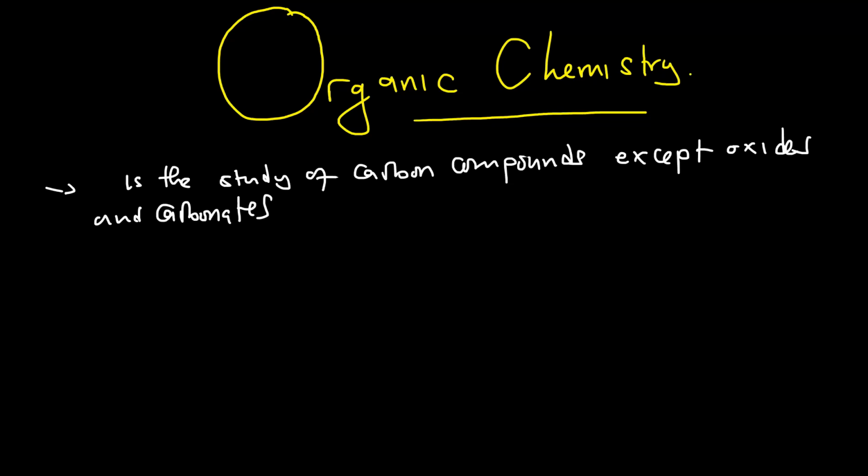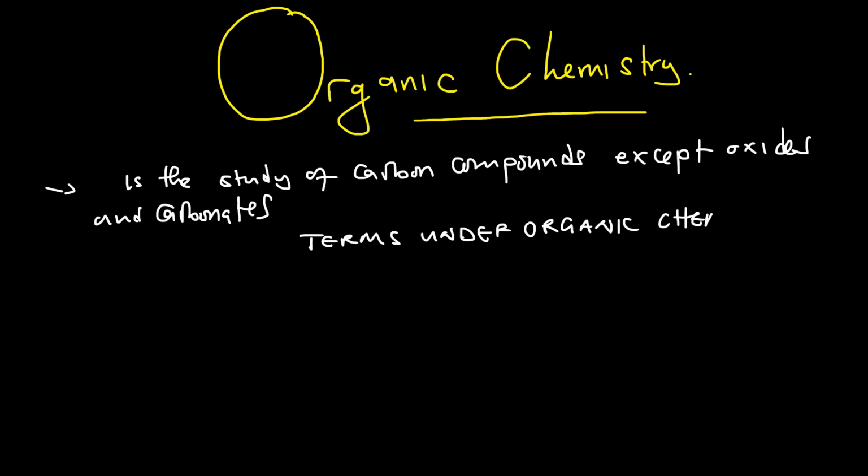Having defined organic chemistry, let us look at the terms before we go further in our study of organic chemistry. Let us look at the terms used under organic chemistry.